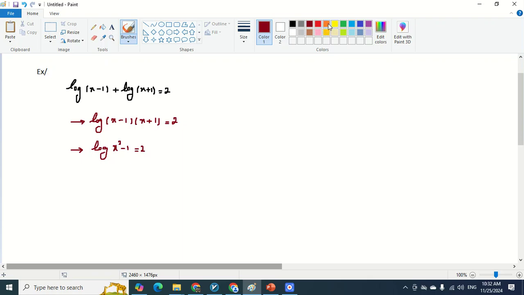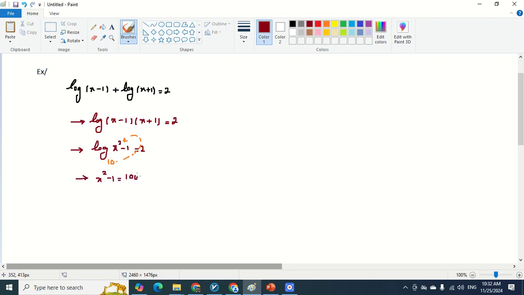Indeed, you can see that the basis to the power of the given number should be equal to x squared minus 1. So if you just follow the arrow over there, then you can write the expression as x squared minus 1 is equal to 100, and this will give you one quadratic equation.